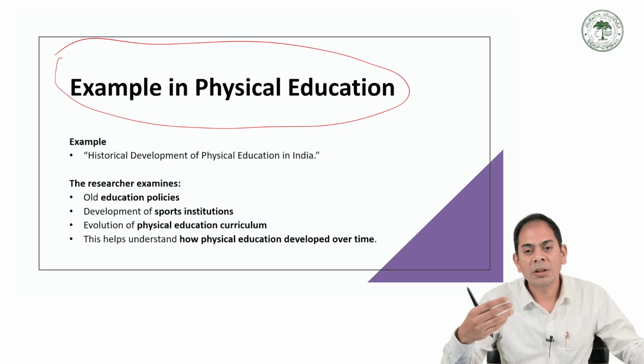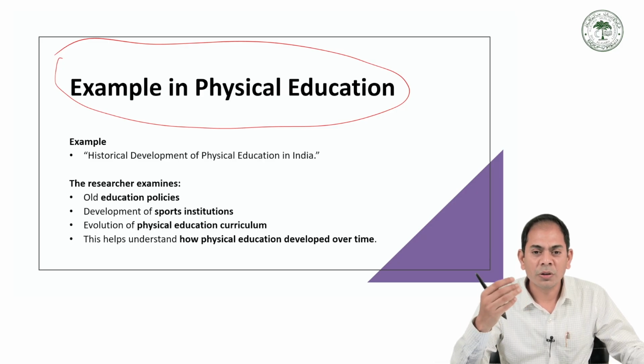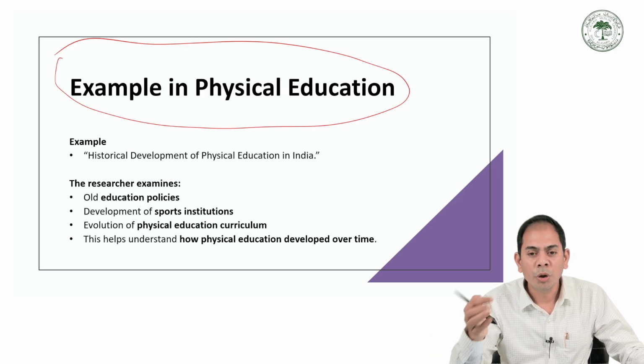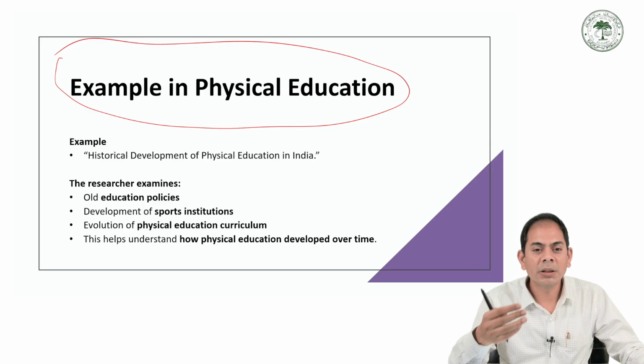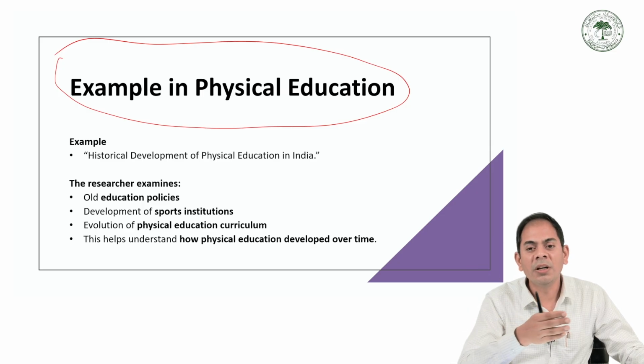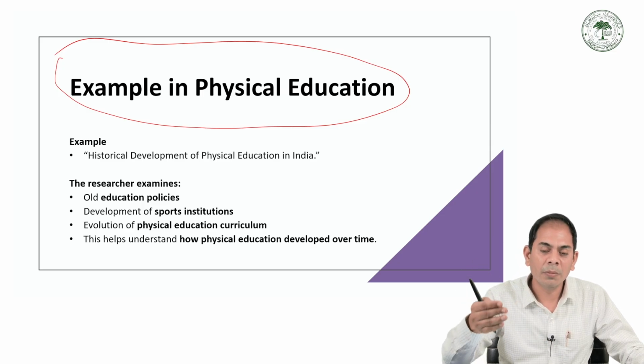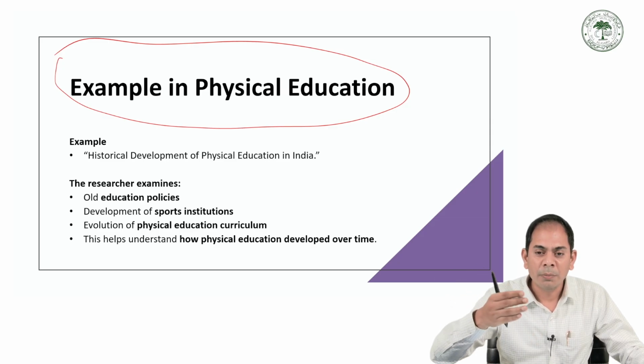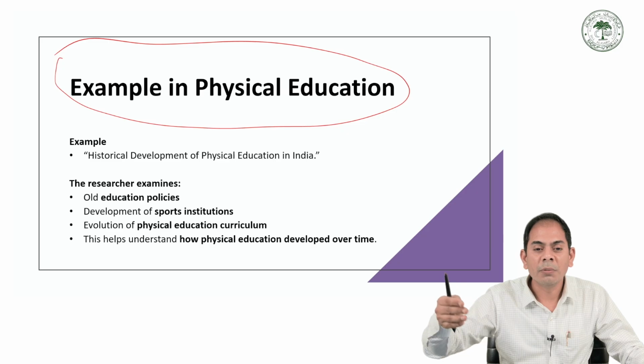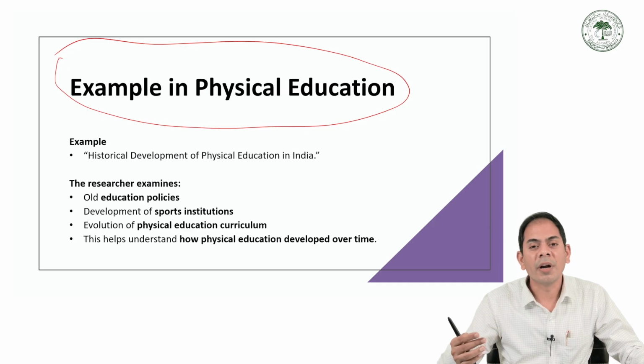In addition, the researcher studies the evolution of the physical education curriculum to understand how teaching methods and subjects changed through different periods. Every decade, the subjects and methods of teaching change. Through historical research, we find out the changes over time in the past. So this research helps us understand how physical education developed and progressed in India over time.